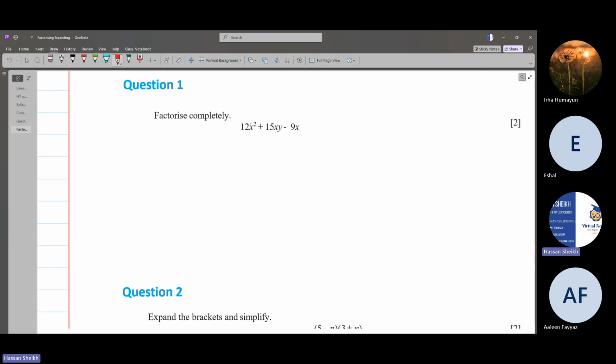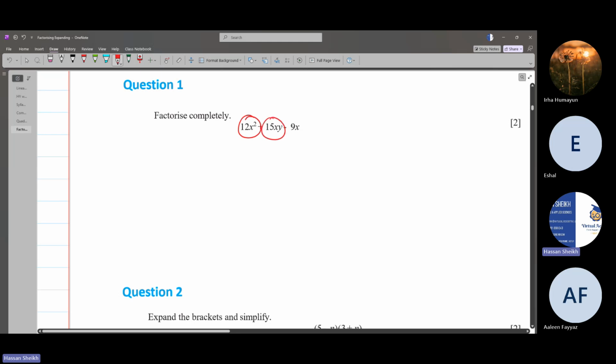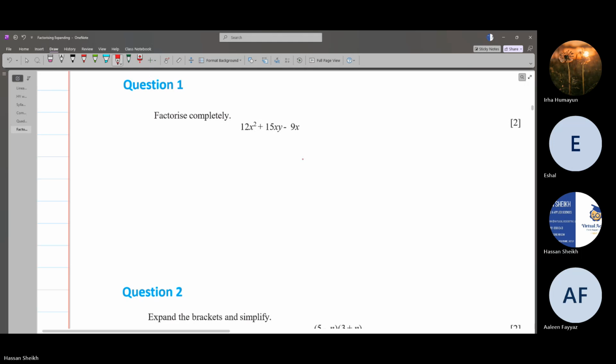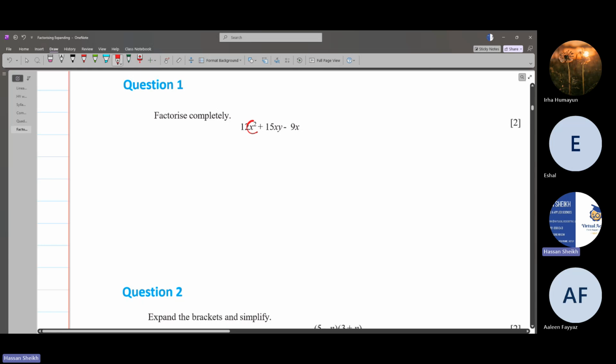Now over here, do we have any like terms in 12x squared plus 15xy minus 9x? It is x squared, this one is x, this one is xy.